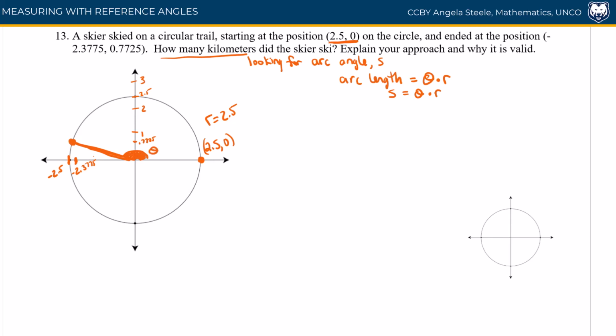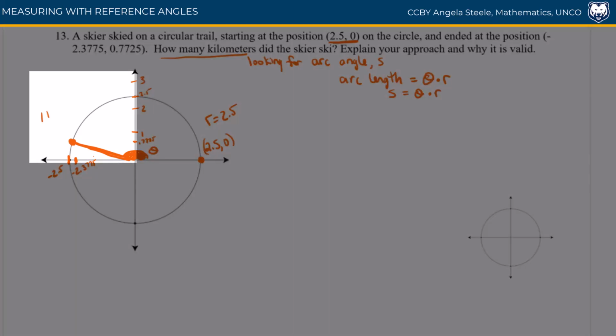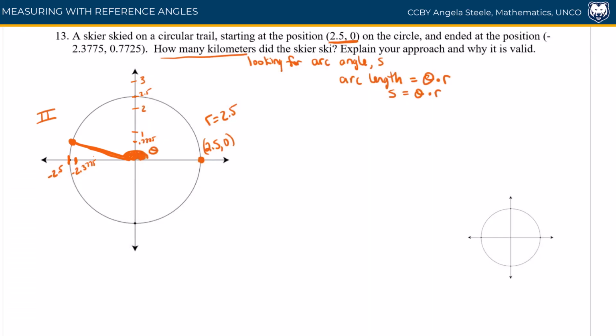Okay, and notice that our skier is in quadrant number 2, which if we go and look at the sine and the cosine functions and their corresponding domain, we know that the cosine function gives us the value when our point is in quadrant 2. Because we are using the cosine function, let's set up our equation.